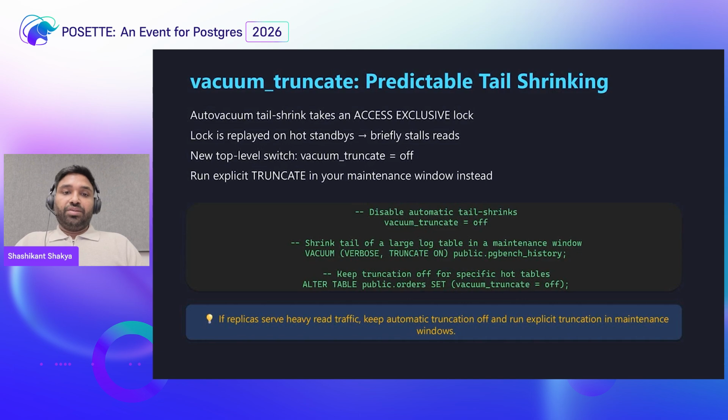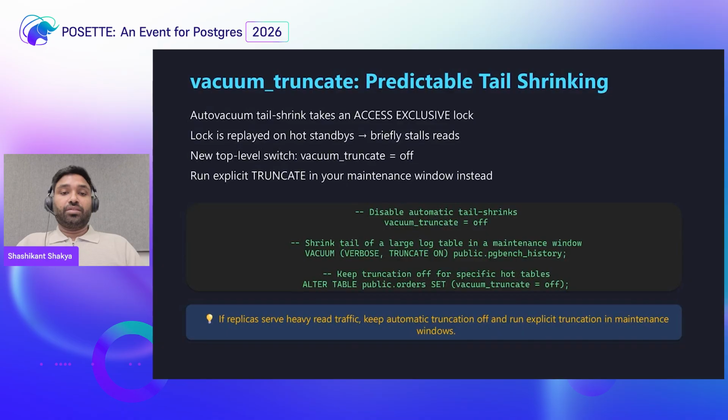In earlier versions of PostgreSQL, when autovacuum finishes a table, it may shrink the tail, which means it may empty the pages from the end of the table storage. This sounds harmless, but it requires an access exclusive lock, which needs to be replayed to the replicas.